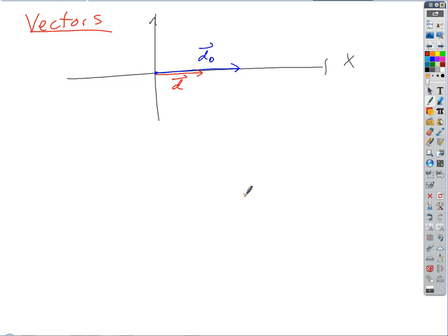So what's the displacement going to be? We always said that displacement is final value minus initial value, right? Does that make sense? So if we want to come up with the displacement, wouldn't you agree that if I start here, that's the blue arrow, and I end up here, what's the vector going to look like that represents my displacement?